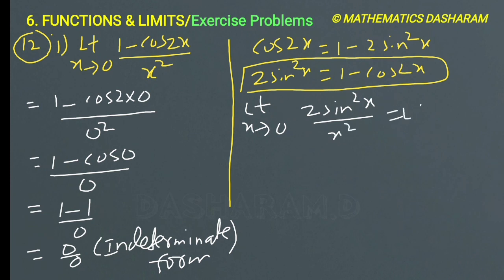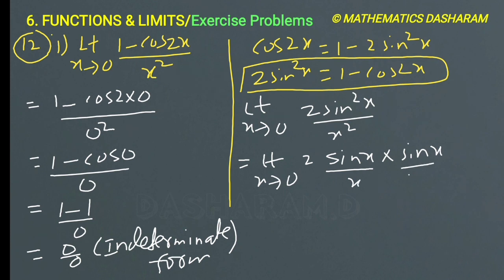So it is equal to limit x tends to 0 of 2 into sin square x, which we can write as sin x into sin x, and here 1 x, here 1 x, because here is x square.